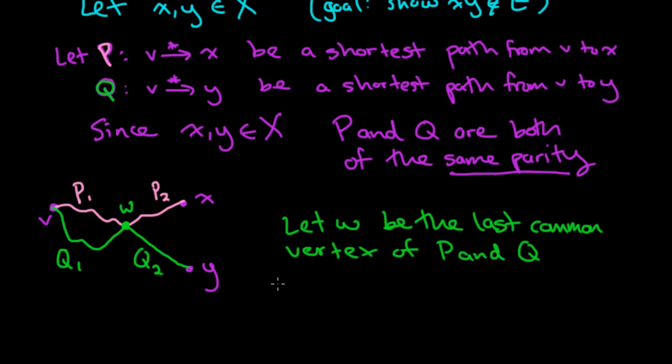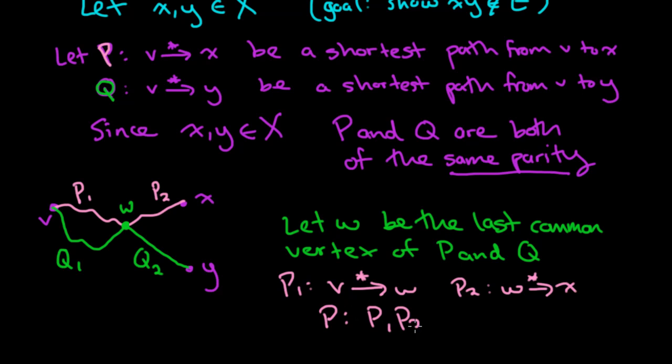So what we have is P1 goes from V to W, and P2 goes from W to X, so that P is, in fact, P1 followed by P2. We can actually write that this is equal to that.